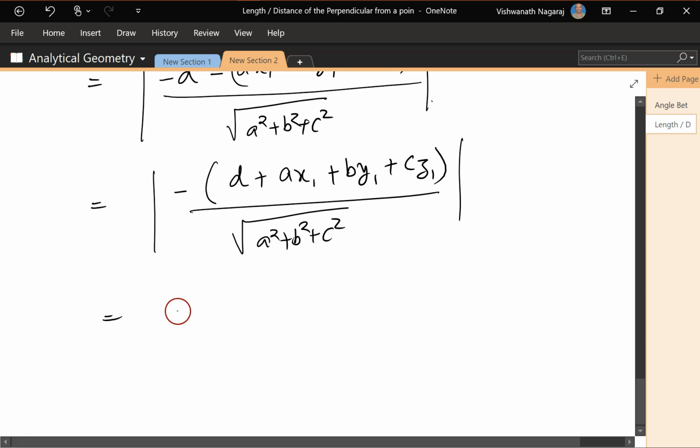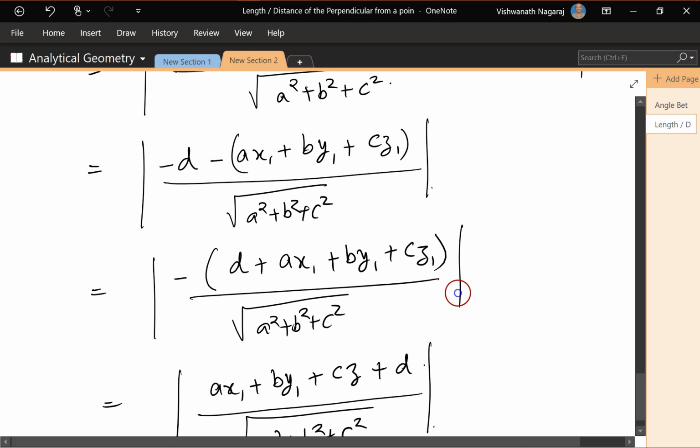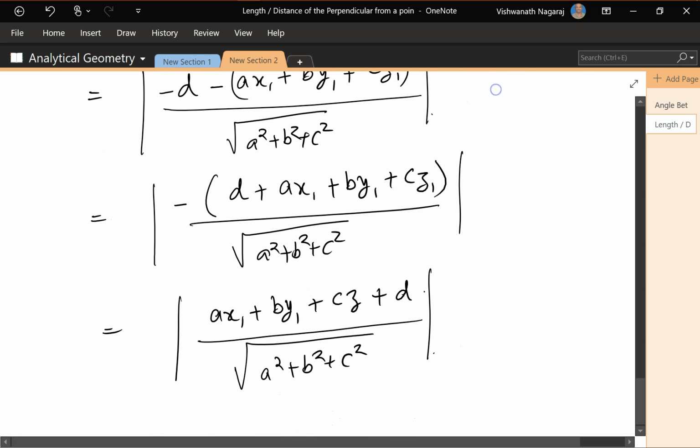This minus sign can disappear now, but we still retain the modulus to ensure that a negative doesn't appear. So the distance is the modulus of ax1 plus by1 plus cz1 plus d divided by square root of a square plus b square plus c square. So this is the perpendicular distance from a point outside the plane in Cartesian form.